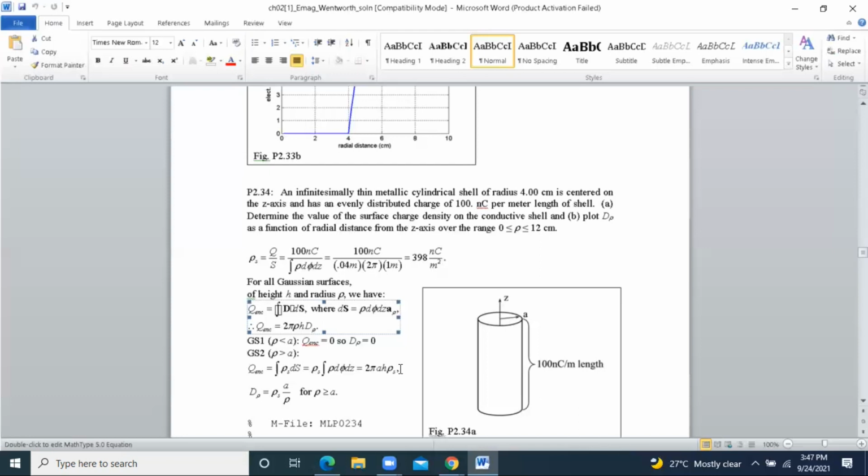So instead of having a wire with a charge, you would have the inside of the shell, the charge is 0. So it's hollow inside. Yeah, it's a shell.